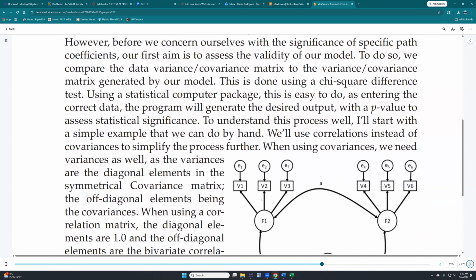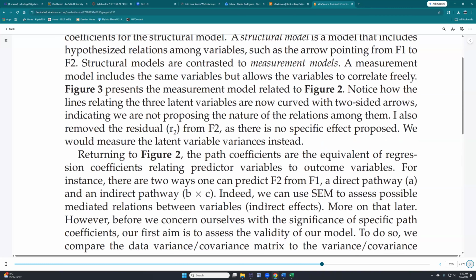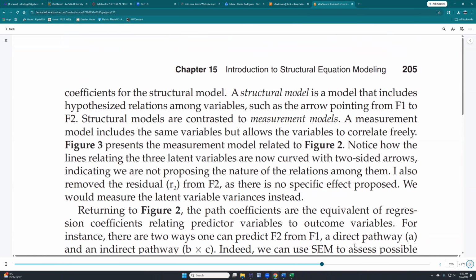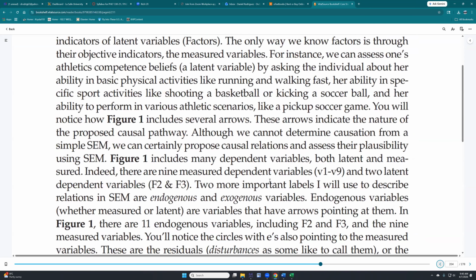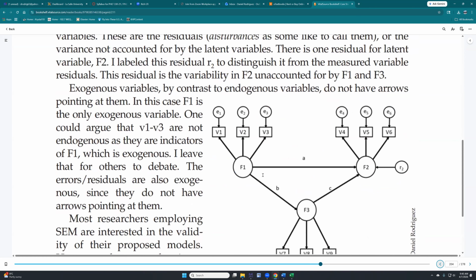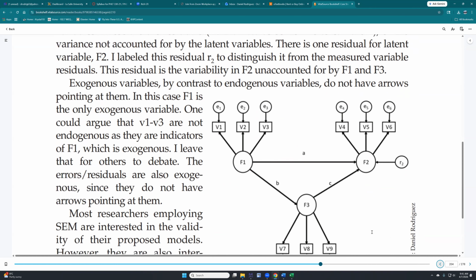The structural model would be the model where we actually, here, I'll show you, back here, the model where we actually propose the nature of the relations. Like here we say F1 is a causal factor of F2 directly and indirectly through F3, right? So this is what we call a structural model. So they are different.